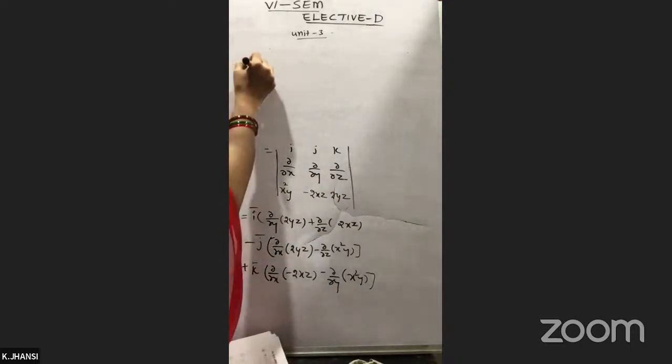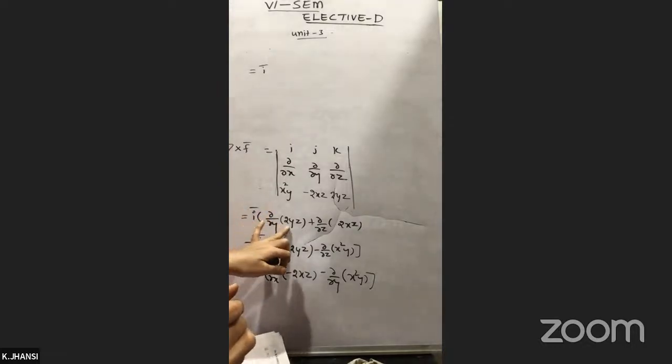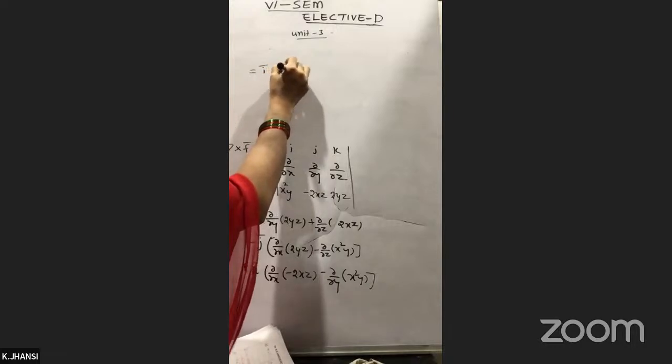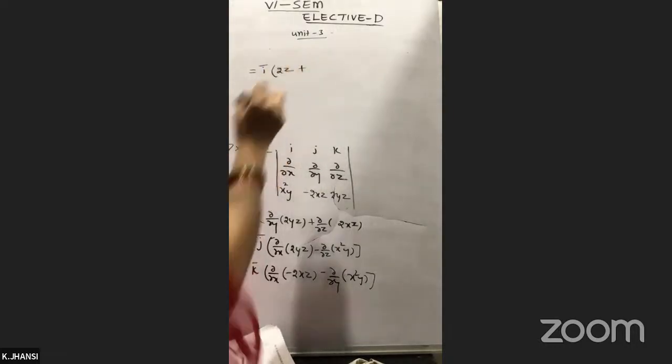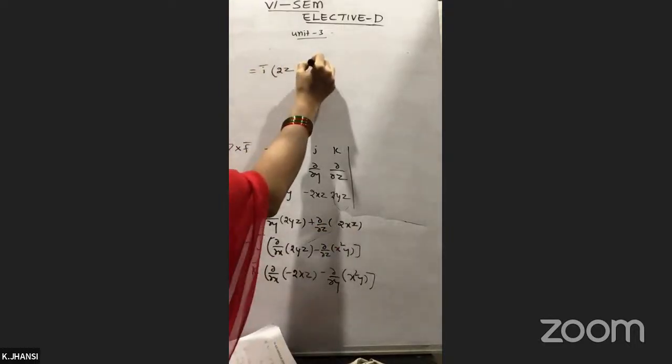So it is equal to i times: dou y of 2yz, where only y differentiation gives 2z, plus z differentiation of 2xz, which is 2x.